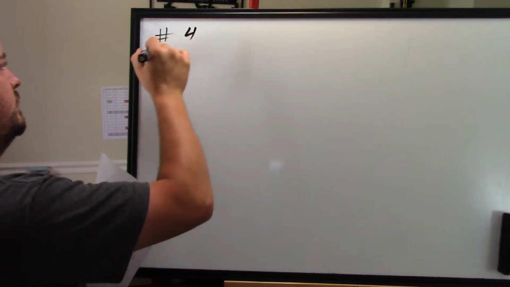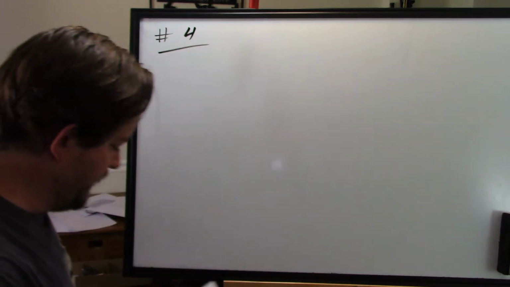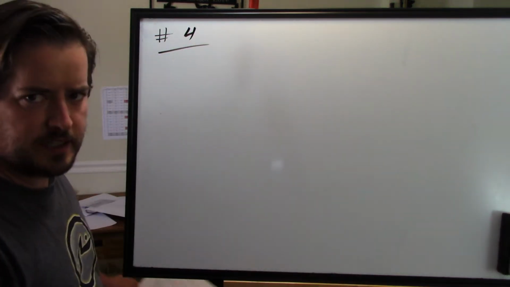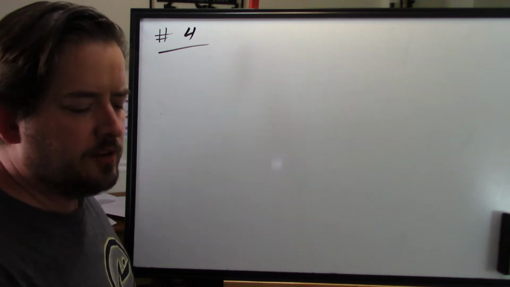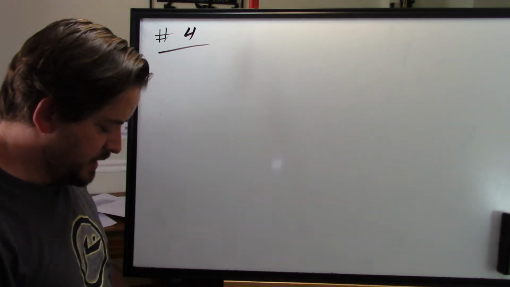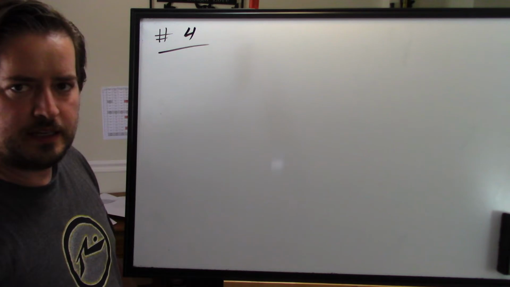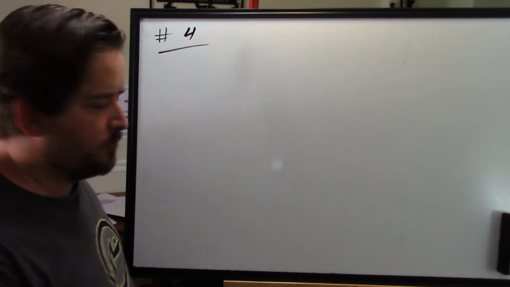Okay, let's look at number 4. Number 4 says find the angle, and there's a bunch of questions like this. So I'll do this one, find the angle between these two vectors, and then I'll skip through the rest for the sake of time, but it's all the same kind of process.